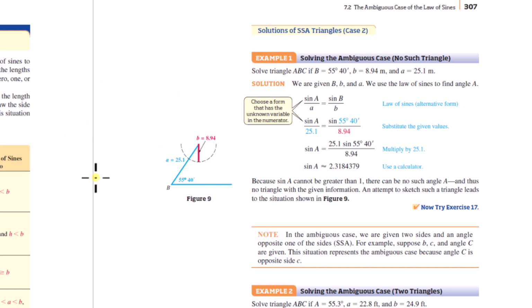And you say the final answer is one of these two triangles. Either of these two triangles satisfies the initial conditions given. Okay, and that's the worst case scenario. For all of the other cases of the law of sines and the law of cosines, you can have one and only one triangle. This is the worst case ambiguity, where you have two triangles with the ambiguous case of the law of sines.